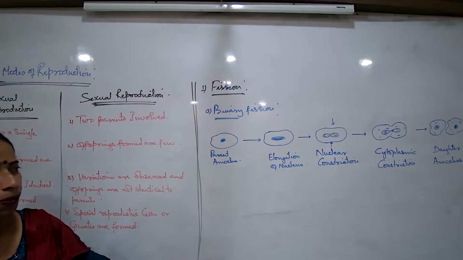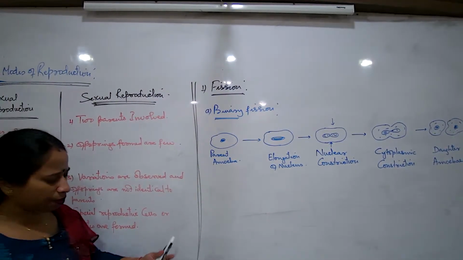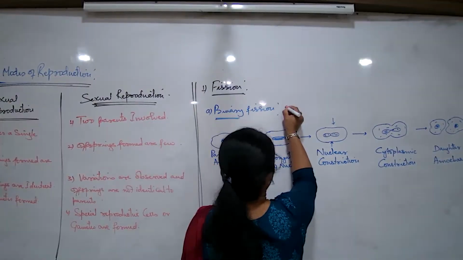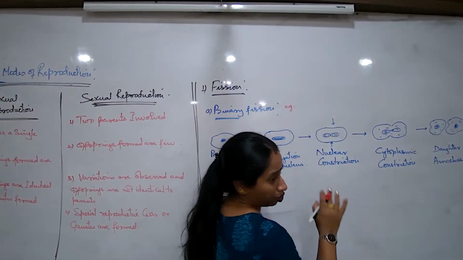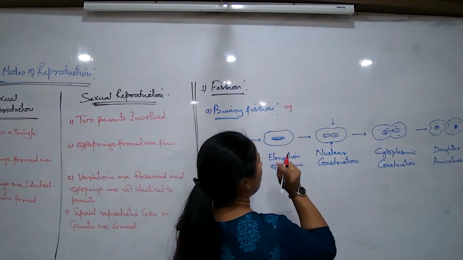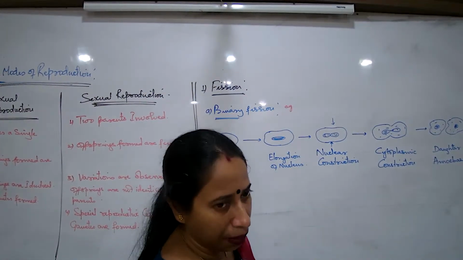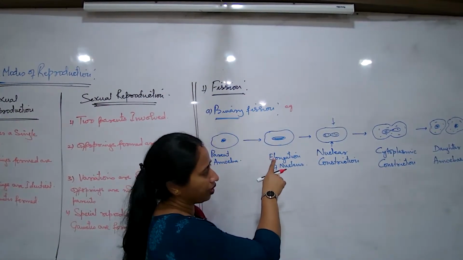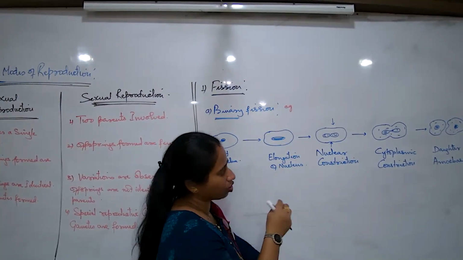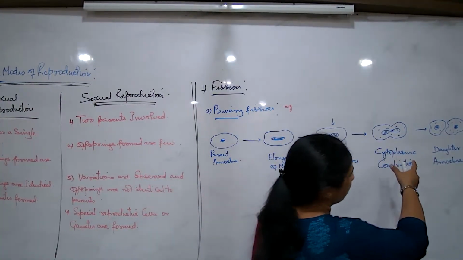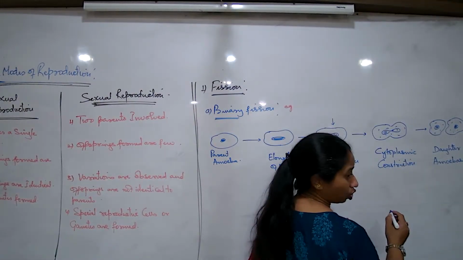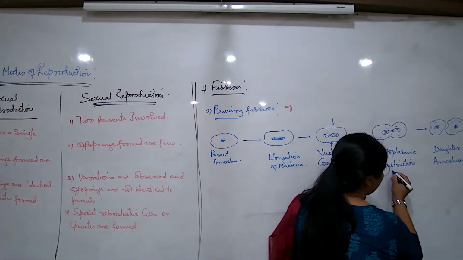Now, what type of organisms show binary fission? There are different types of binary fission also. Binary fission is of different types. This is one type where the fission is almost horizontal. Actually, I have drawn the diagram this way. The amoeba could have been drawn this way also to understand the concept of horizontal fission.